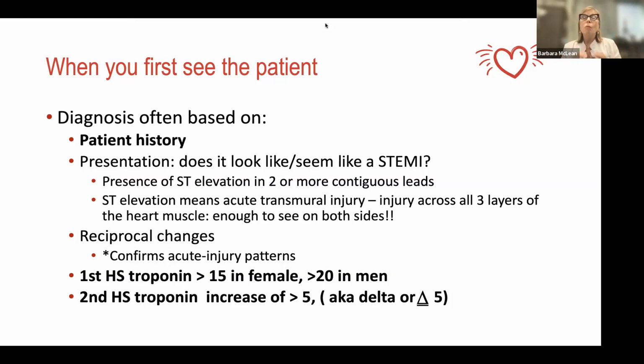In general, when we see changes in one lead only or changes in all leads, that makes us think something other than STEMI. It's also important to remember that when I have enough electrical current on one side of the heart to cause ST segment elevation, when I'm looking from the opposite side of the heart, I'm going to see opposite changes, meaning ST segment elevation on one side of the heart will be represented by ST depression on the other side.